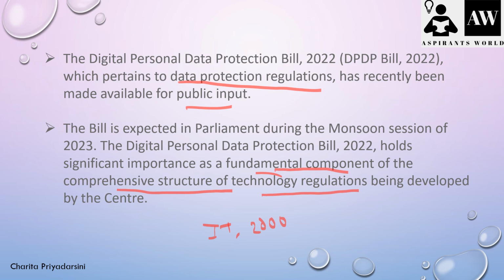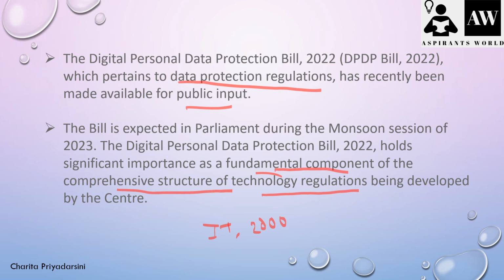The draft Digital Personal Data Protection Bill 2022 was made publicly available by the Ministry of Electronics and Information Technology in November 2022 with the intention of soliciting feedback from the general public. The bill, which was initially proposed in November, is anticipated to be presented during the monsoon session of Parliament, which is commencing on July 20.